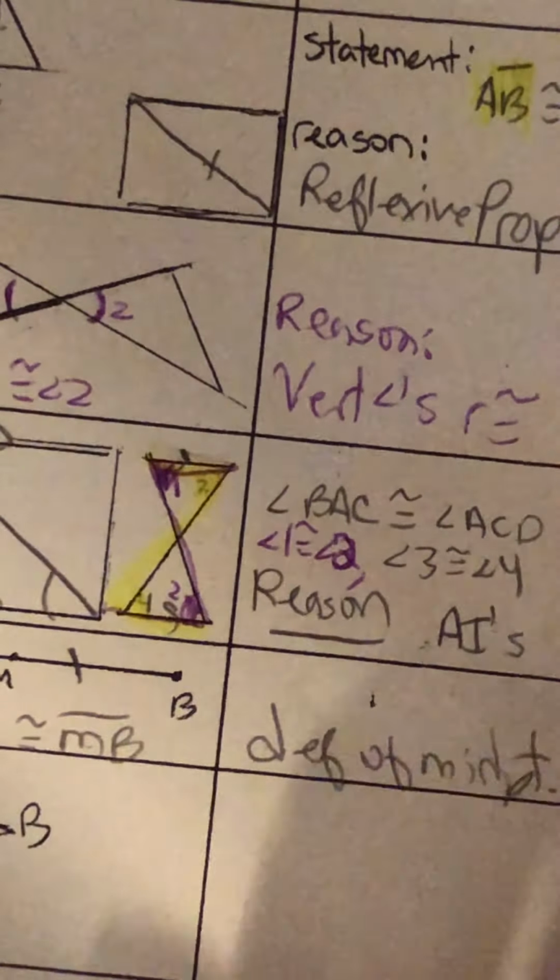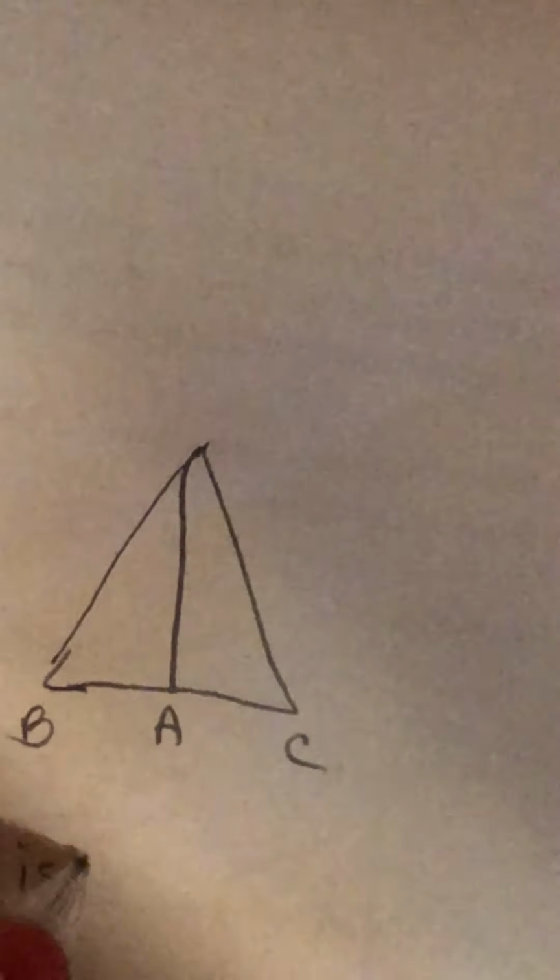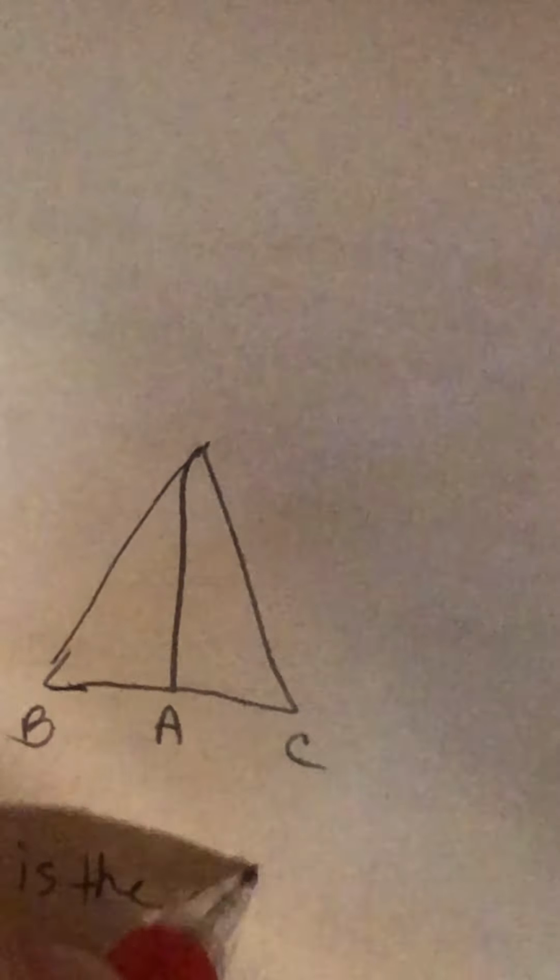So I just want to show you really quick. You don't have to write this, but a place where that's going to come up later is like you might have two triangles like this stuck together. And then you're given that A is the midpoint of BC. Don't write this. You'll see it next time.